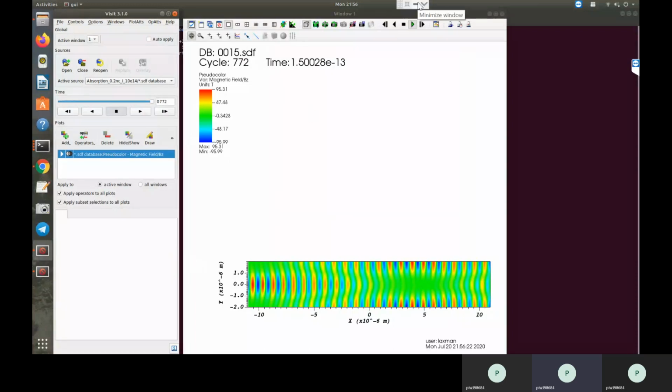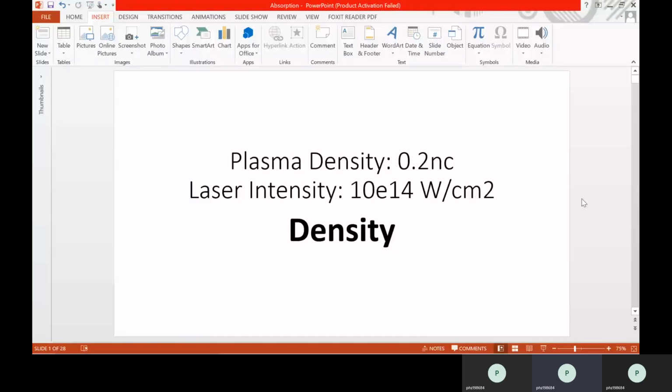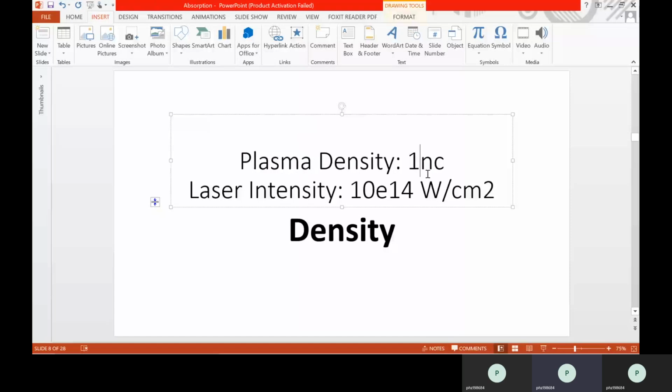The variations when we are considering the first case, where the density is 0.2 times the critical density and the intensity is 10 to the 14 watts per centimeter square, we plotted the density, electric field x, y, z, and the magnetic field Bx, By, and Bz components. Now let's move to another case where we are considering the density as 1 times Nc and the intensity is the same.